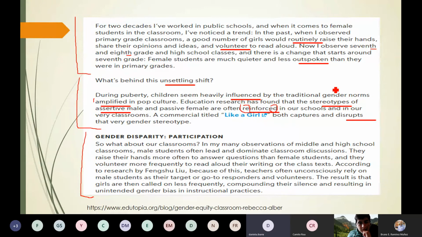According to research by Fengshu Liu, because of this, teachers often unconsciously rely on male students as their go-to responders and volunteers. The result is that girls are then called on less frequently, compounding their silence and resulting in unfair gender bias in instructional practices. Alrighty, thank you so much.